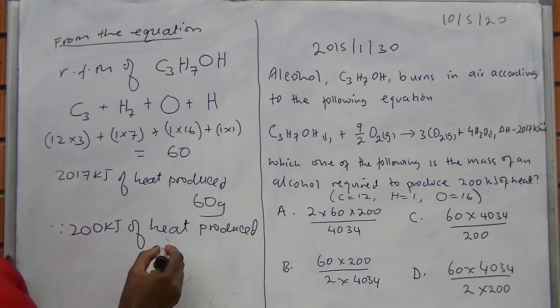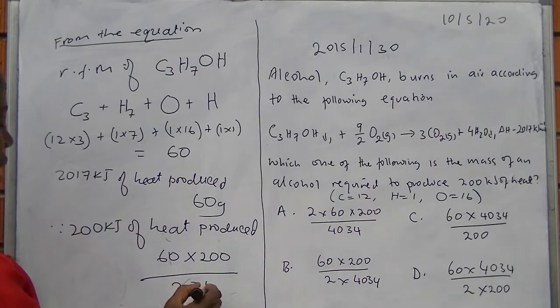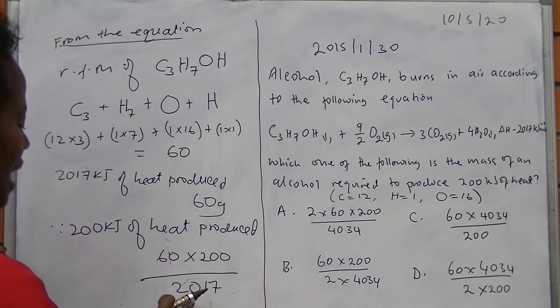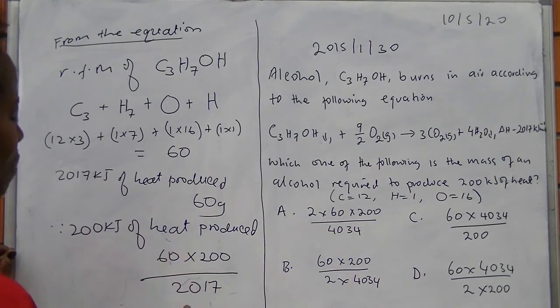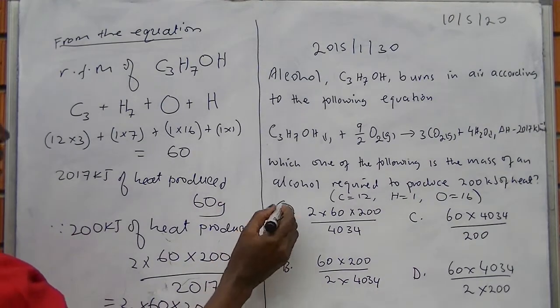We cross multiply: 60 times 200 over 2,017. When you look at the answers, we don't have an answer similar to this. But the trick is, they have multiplied the denominator, both sides, by 2. If we multiply by 2 and by 2, the answer will be 2 times 60 times 200 over 4,034. And our answer is S.